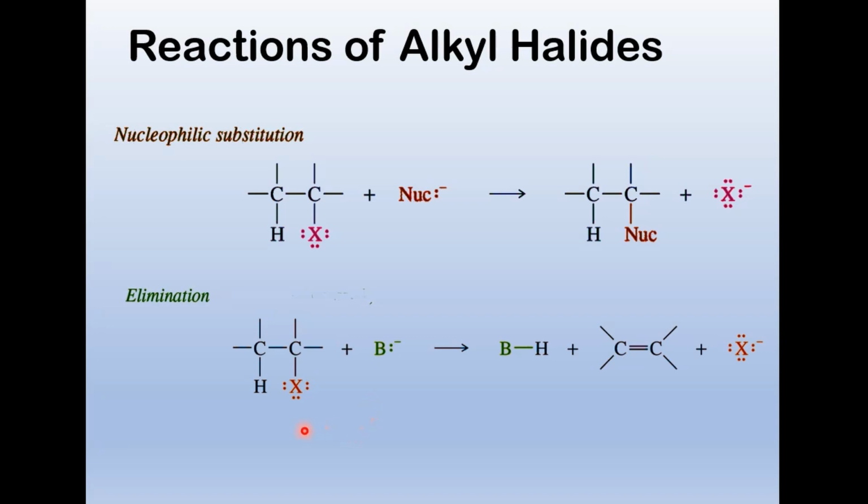But alkyl halides can also undergo an elimination reaction. What gets eliminated is the hydrogen and the halide. And the base grabs the hydrogen, and then this bond collapses, and you get the alkene. The similarity in both reactions is the halide is called a leaving group.